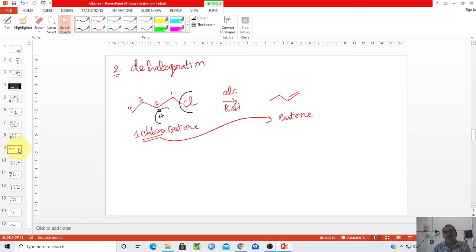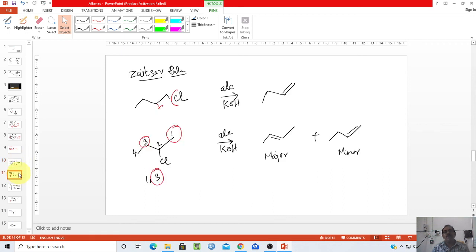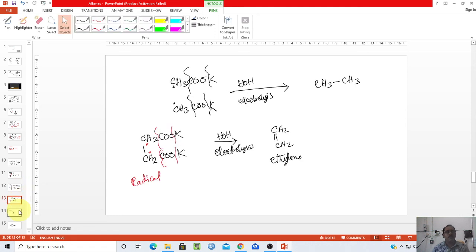Next we went on to the dehydrohalogenation reaction in the presence of the reagent alcoholic KOH, and again the distinction between tertiary, secondary, and primary, and Zaitsev rule in the case of alkyl halides. Then we went on to see Kolb's reaction, as for alkanes, here for preparation of ethylene or ethene with succinic acid.